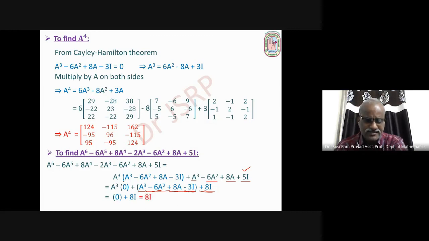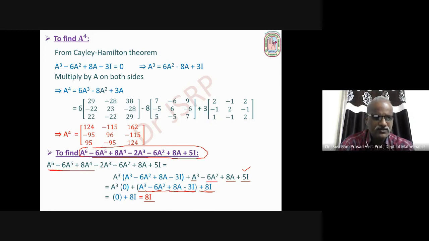So this whole polynomial matrix is equal to 8 into I, that is 8 into the unity matrix, 1 0 0, 0 1 0, 0 0 1. Okay, so this is how we can reduce the degree of higher degree matrix polynomials using the Cayley-Hamilton theorem.